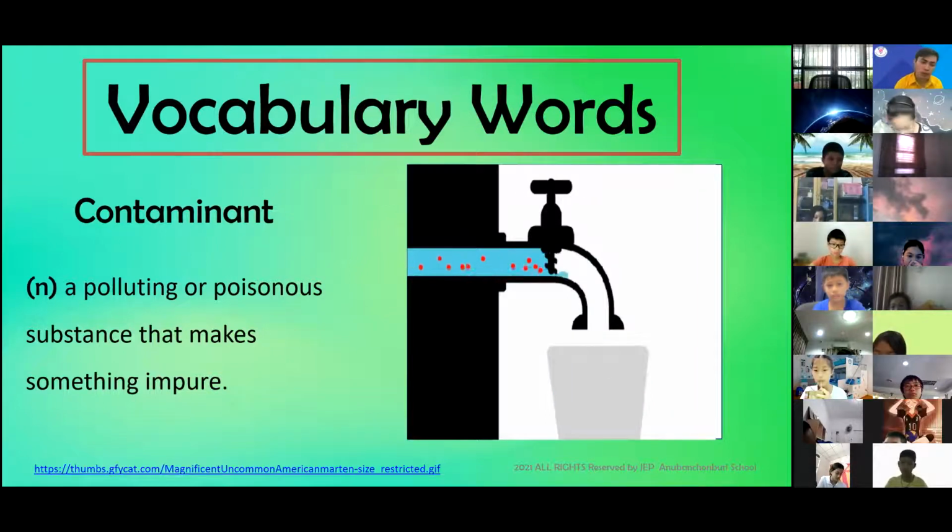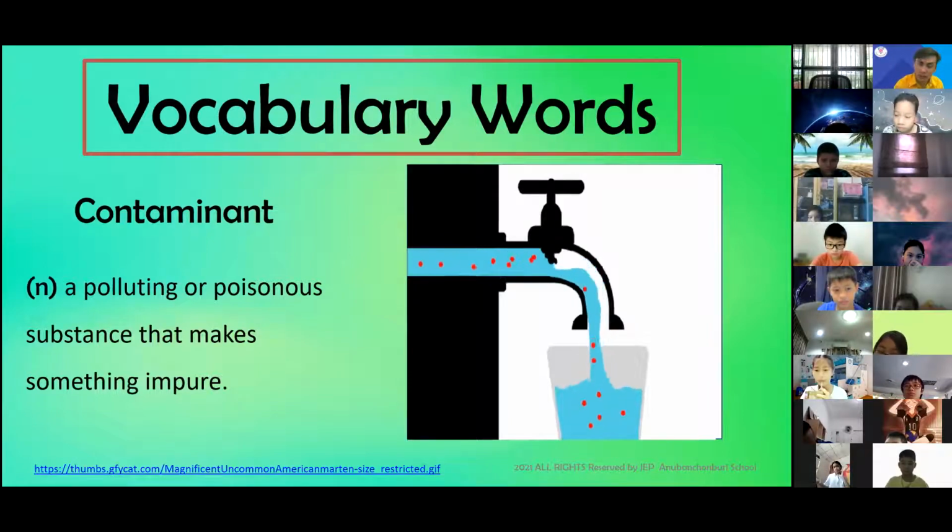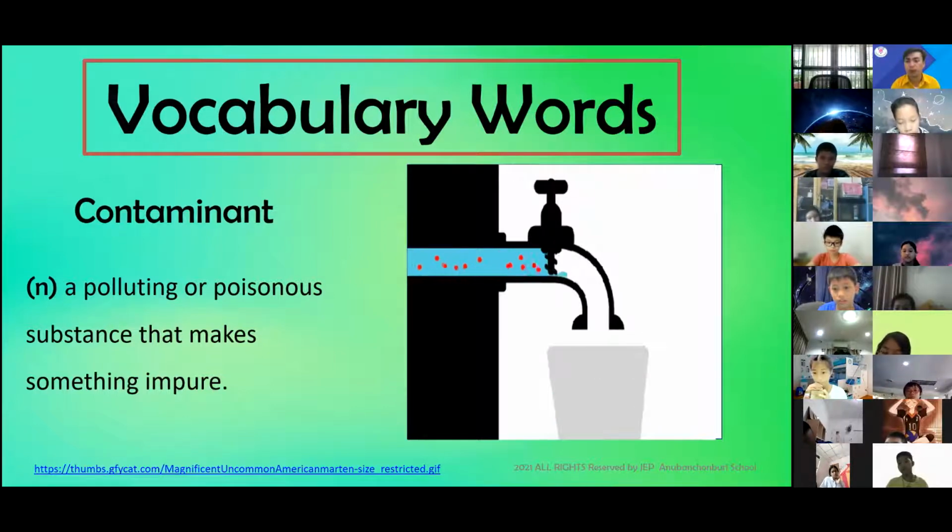And what will happen if Satawit drinks the water that has a contaminant? What will happen? He will be poisoned. He will have a stomach ache. He will vomit. Okay, because of the contaminants in the water. So it is not only water that has contaminants, there are contaminants in the air as well, like the PM 2.5.